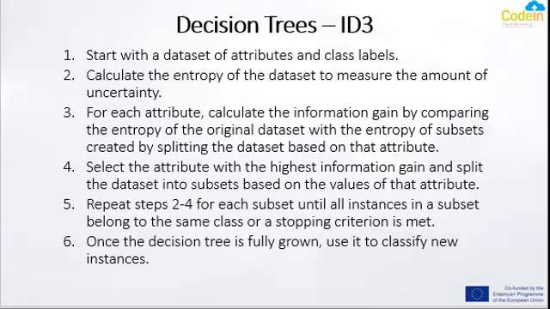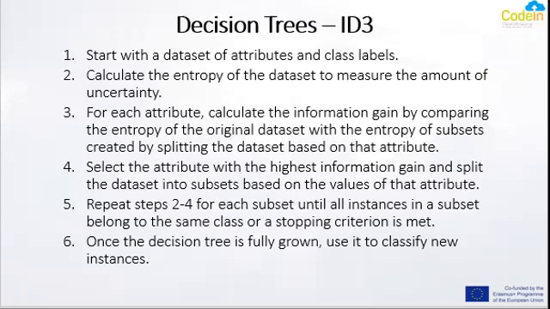At each node, the algorithm selects the attribute that has the highest information gain and creates a branch for each possible value of the attribute. The algorithm continues until it has created a decision tree that fully classifies the training data.